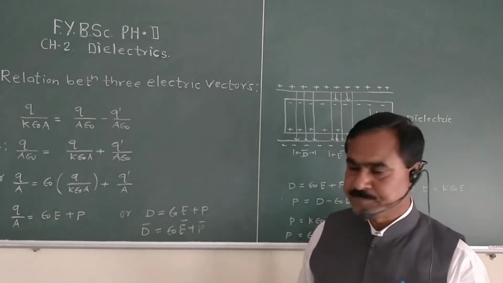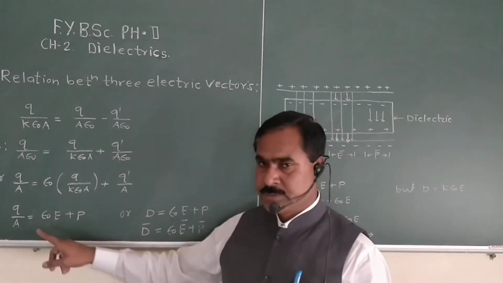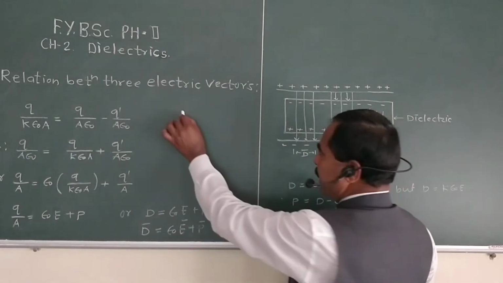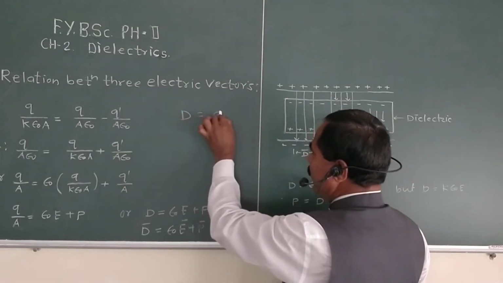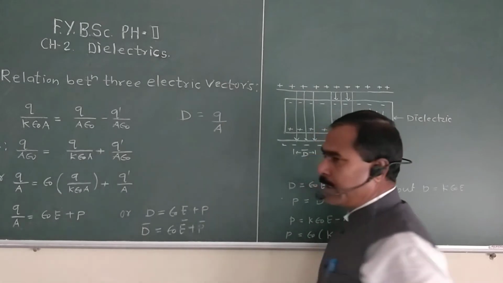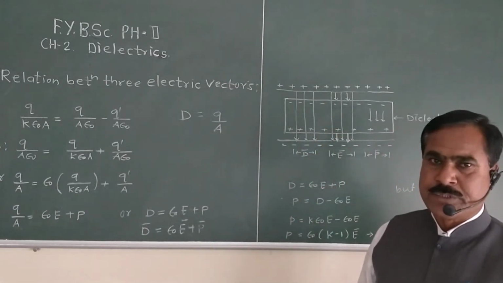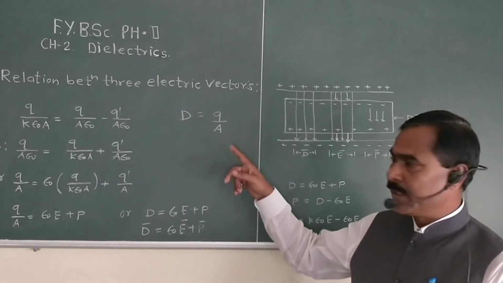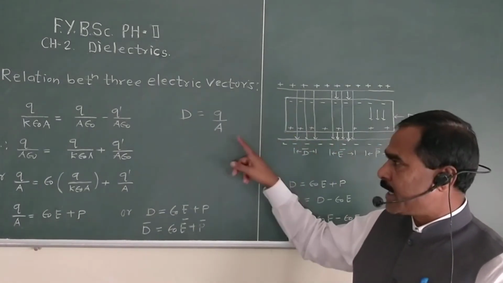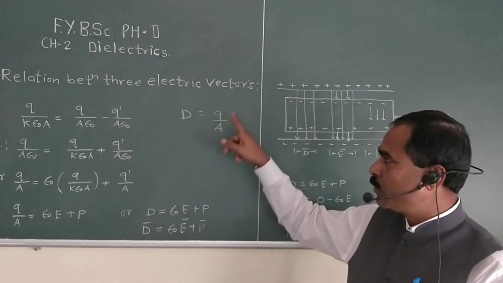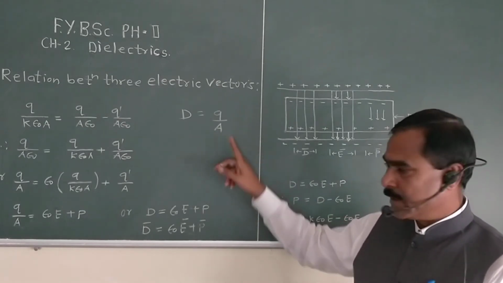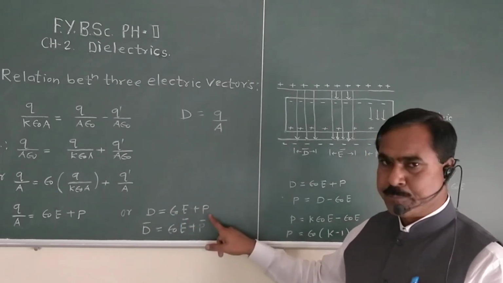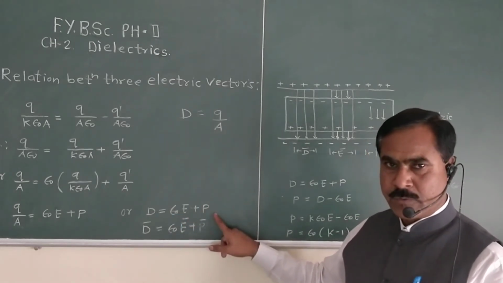Now in the next step we substitute Q upon A equal to D. That means D equal to Q upon A, the electric displacement vector, which is related with the free charges. So we write D equal to Q upon A. Then the equation is D equal to epsilon E plus P. It is in magnitude.